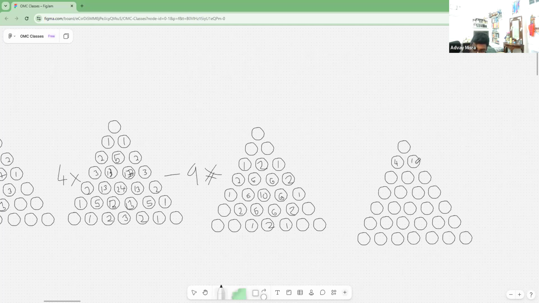So that means that once I compute that this is going to have a 4, all of these guys are going to have 4s. And then 8 minus 9 is negative 1.